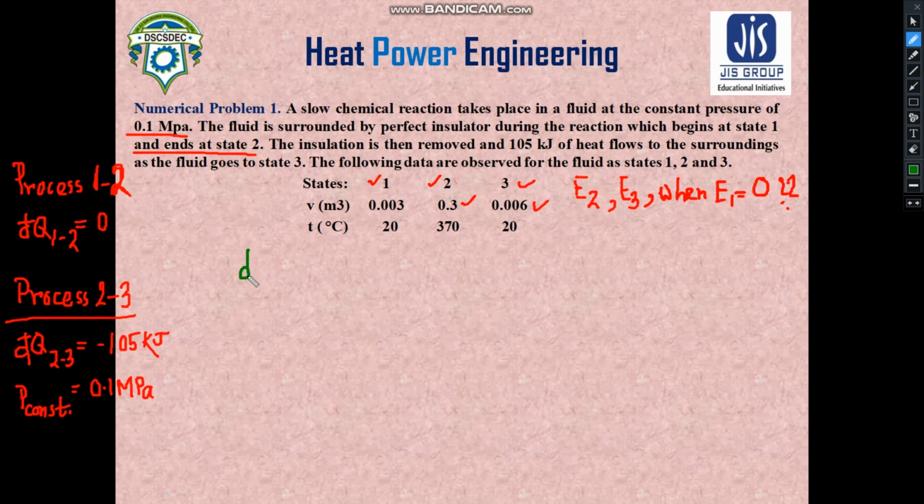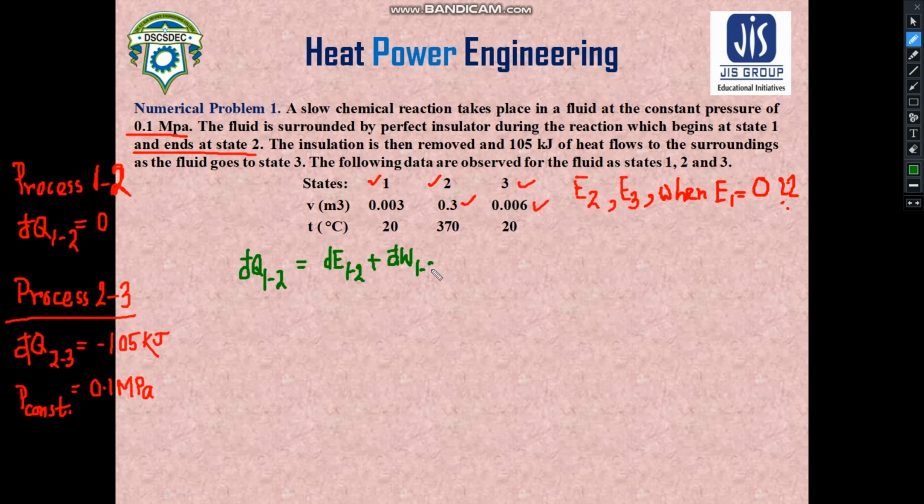Now writing the first law of thermodynamics for the process 1 to 2: dQ 1 to 2 equals dE 1 to 2, where dE means the change of internal energy, plus dW 1 to 2.